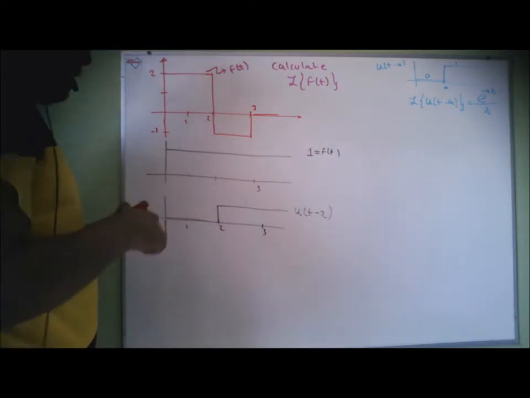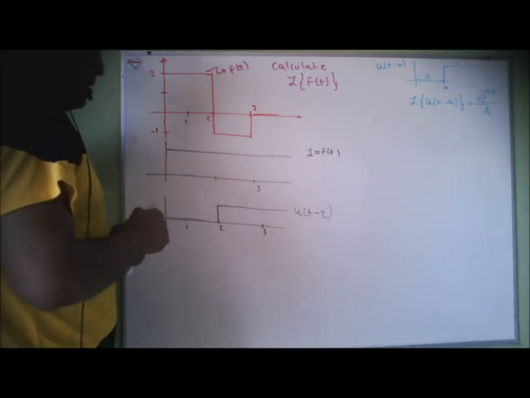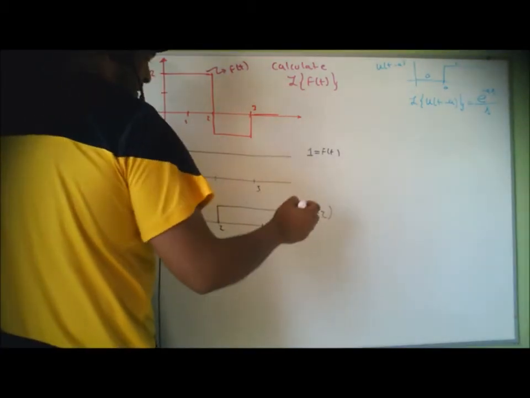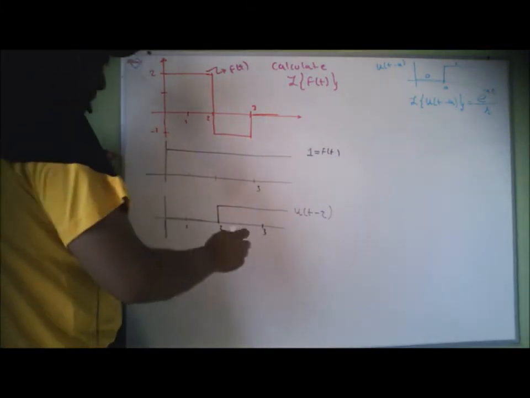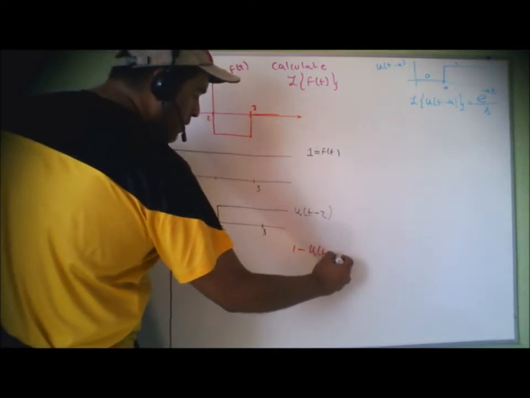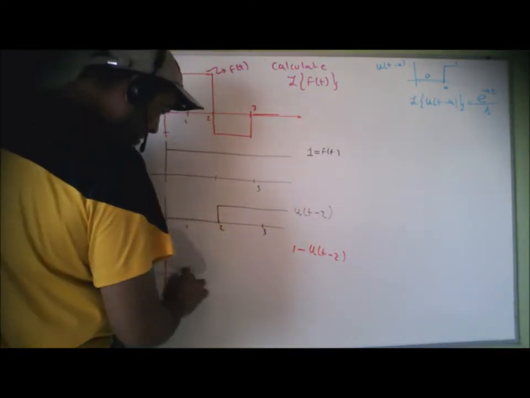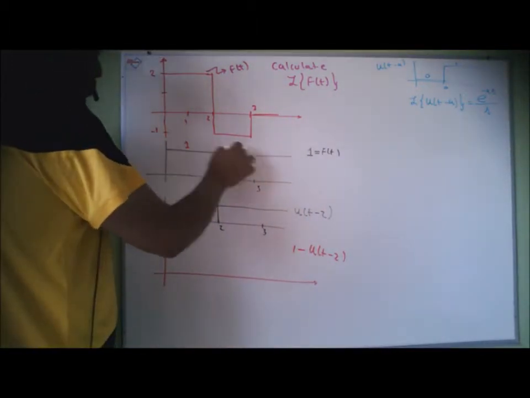Now check this out, engineers. What happens if we do this function minus this function? Meaning, what if we do 1 minus u of t minus 2? What will be the plot, the result of this? Because this is 1, it is always 1.